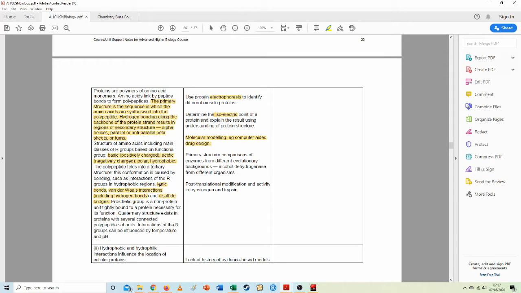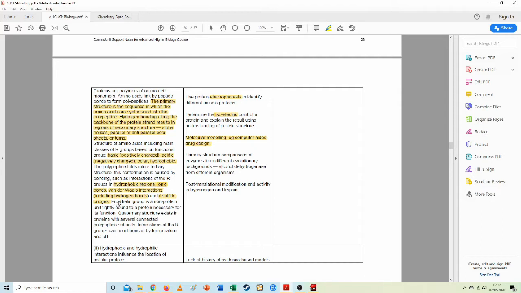Then we are going to talk about those R groups and how we get those hydrophobic regions, ionic bonds, van der Waals interactions, along with the hydrogen bonds and the disulfide bridges. All the stuff from the first lesson will be heavily involved in this little bit here.